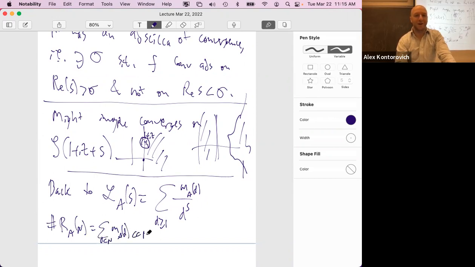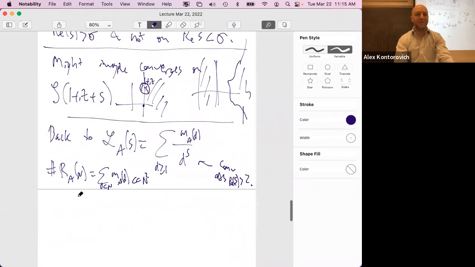The trivial bound was n squared. So this L function converges absolutely for real part of s bigger than 2. And it has some abscissa of convergence at, let's say, sigma. Of course, sigma depends on A.